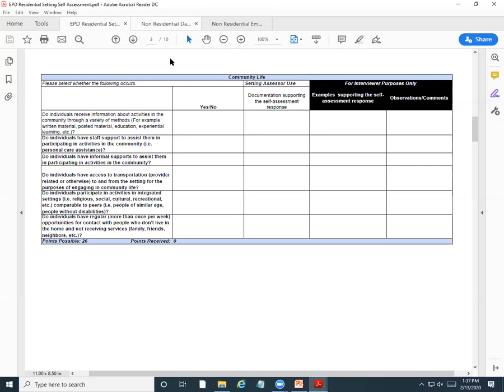So to give you some examples of what we would expect to see for documentation, it could be an individual's daily activities, maybe interviews with your members that show there's variation in scope and frequency of individual interactions and engagement within the community, copies of policies and procedures.